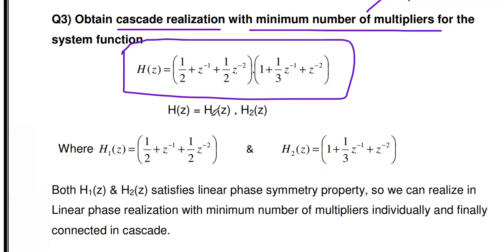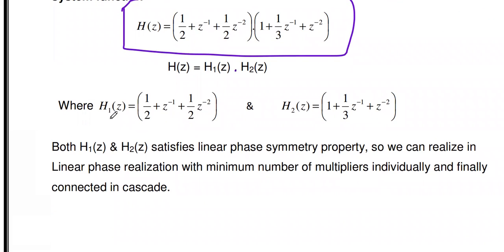Okay. So in order to implement linear phase realization, first we have to check whether the h1 of z and h2 of z transfer functions satisfy the linear phase condition or not. You just see the 1 by 2 and 1 by 2 is the same value, the center value is different. Okay, it satisfies the condition.